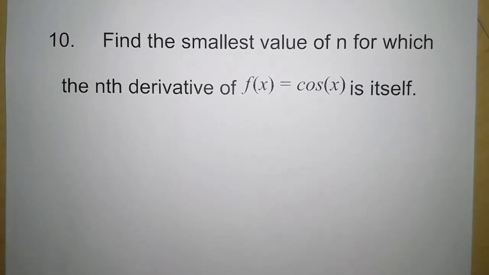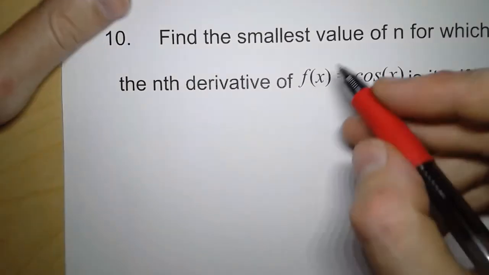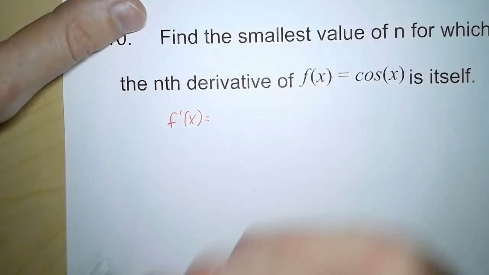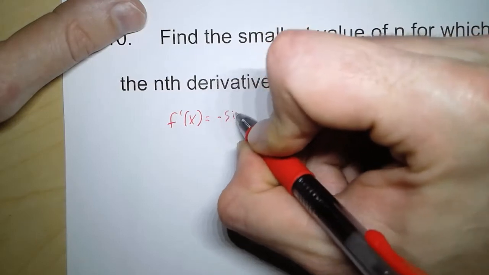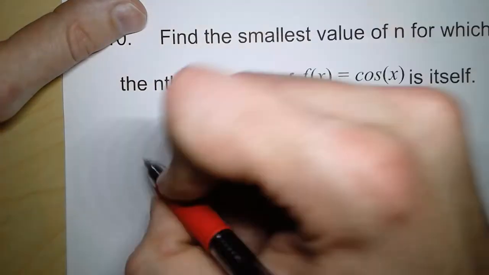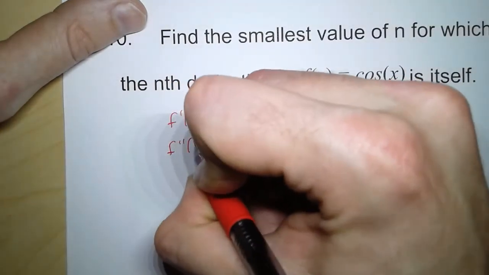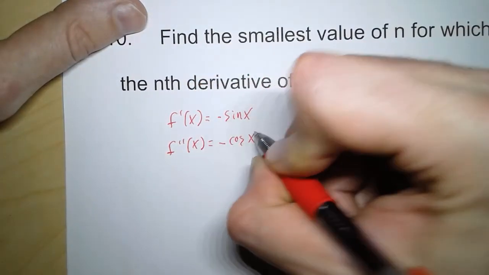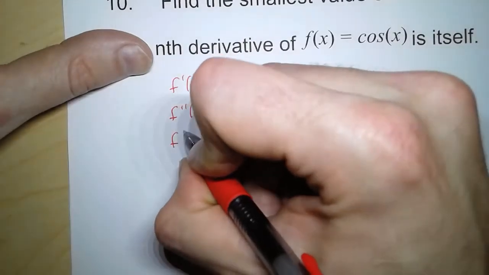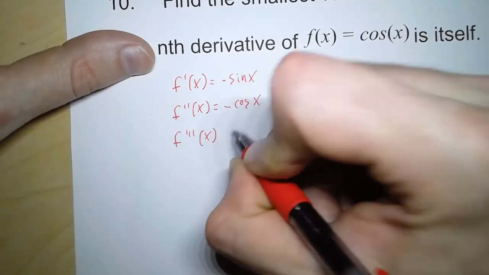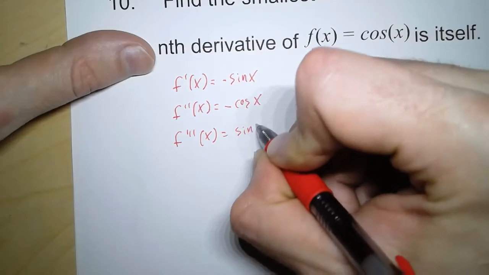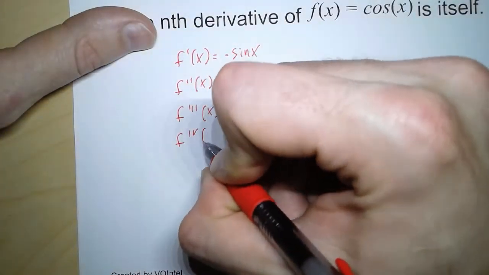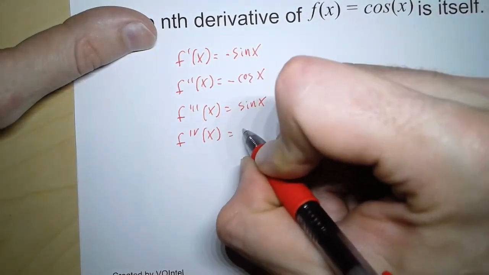So if this is f of x, f prime of x is going to be negative sine of x. F double prime of x is going to be negative cosine of x. The third derivative is going to be positive sine of x. And then the fourth derivative is going to be cosine again.